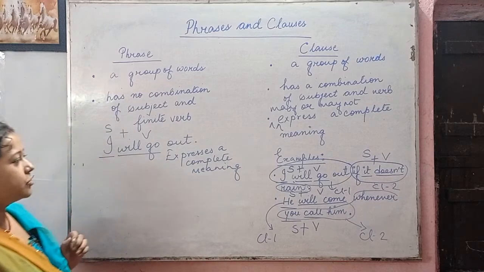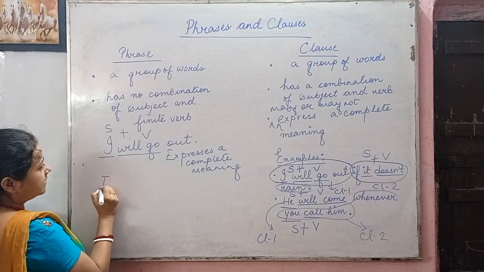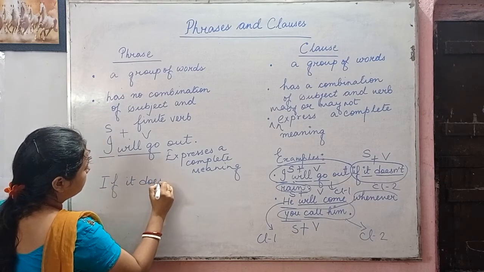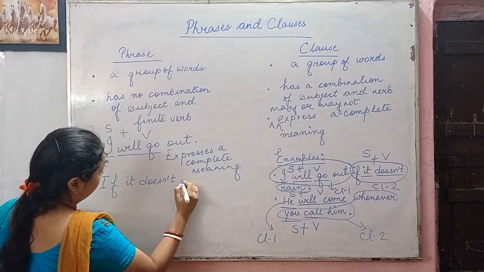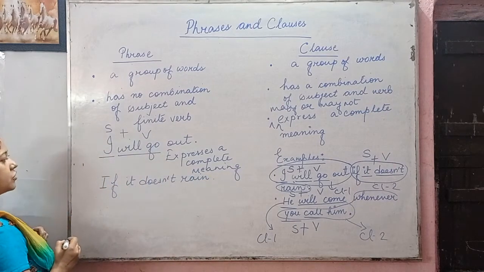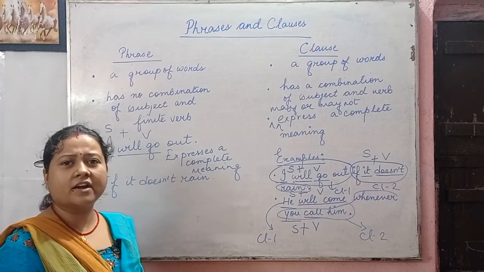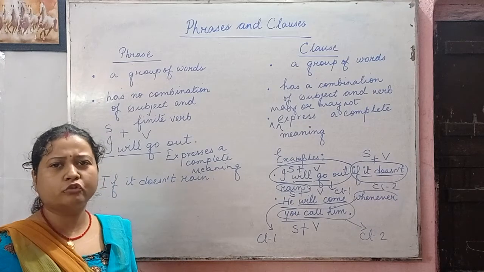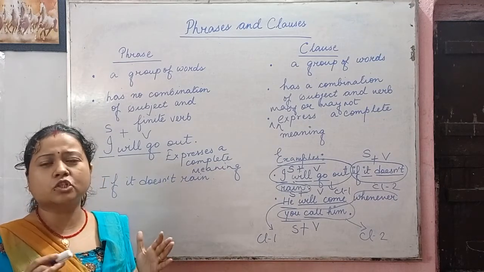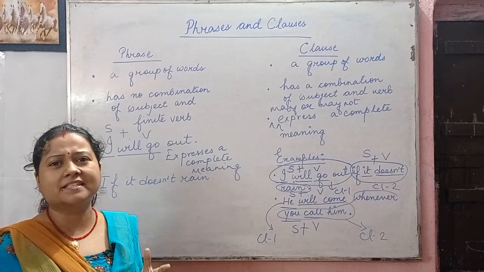Right? Now children, the next clause in the same sentence is: if it doesn't rain. Children, if it doesn't rain, does it give us a complete meaning? No. It seems something is missing. It is not giving us a complete sense.